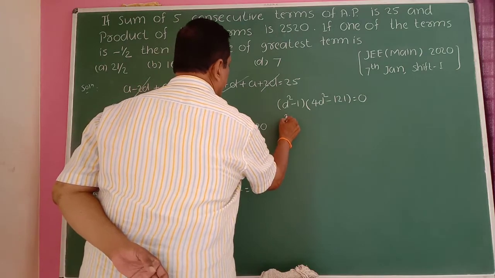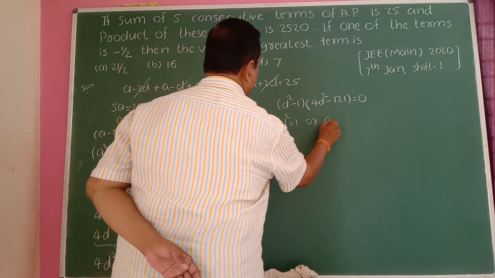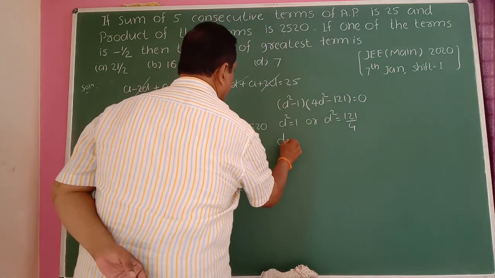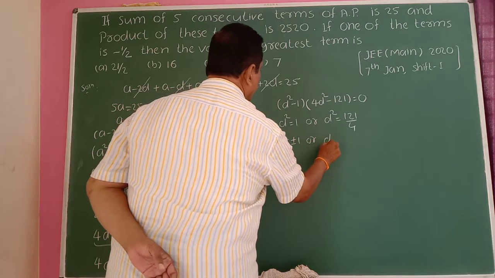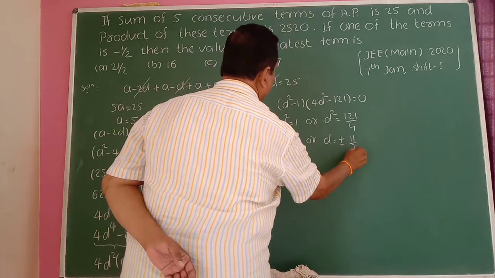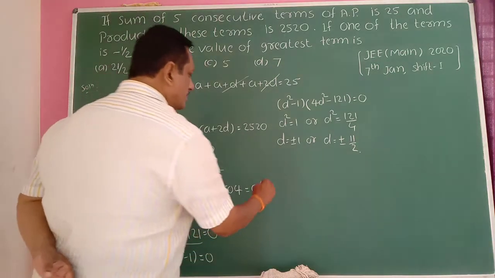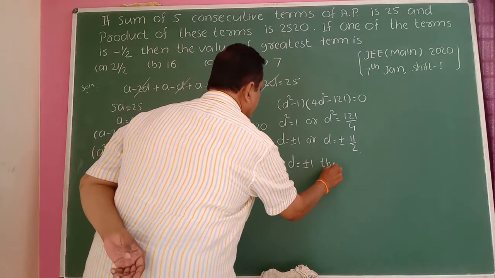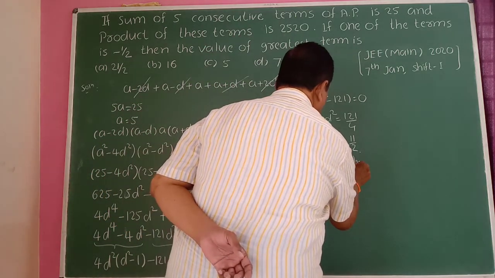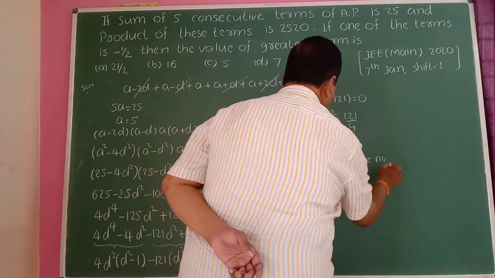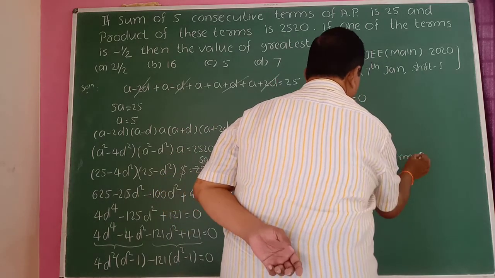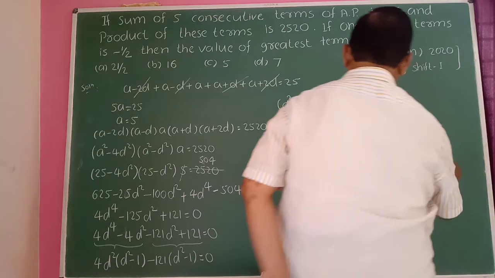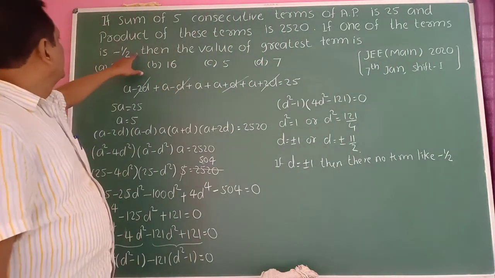Hence d square is equal to 1, or d square is equal to 121 by 4. Therefore, d is equal to plus or minus 1, or d is equal to plus or minus 11 divided by 2. If d is equal to plus or minus 1, then there is no term like minus 1 by 2, because it is already given that one of the terms is minus 1 by 2.